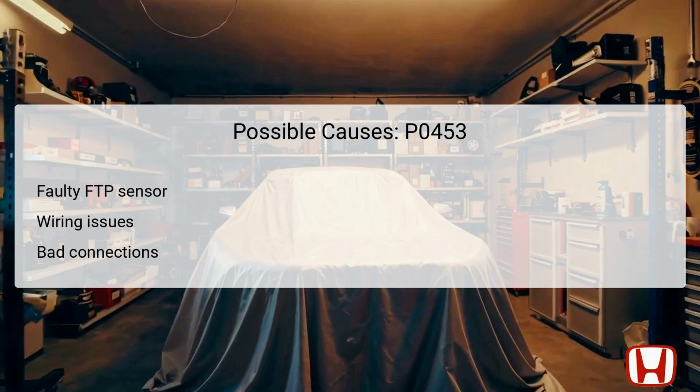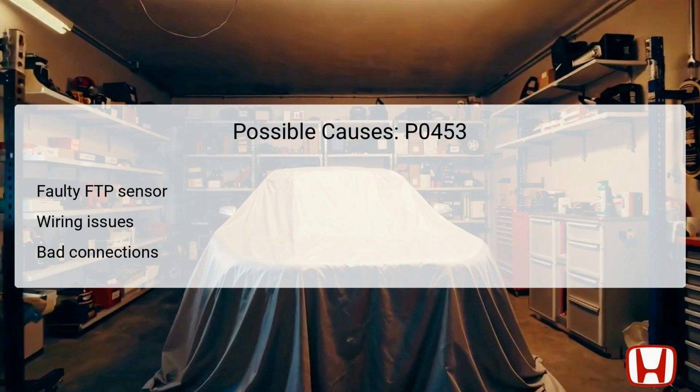Several factors can contribute to the triggering of DTC P0453. The most common cause is a faulty FTP sensor itself. If the sensor is defective, it may send incorrect voltage readings to the ECM, resulting in high voltage signals. Additionally, issues with the wiring associated with the FTP sensor can produce similar symptoms.